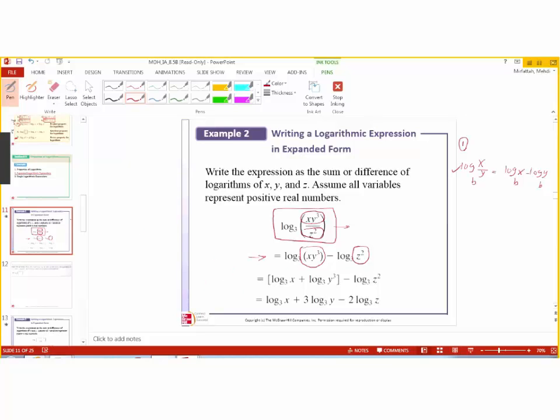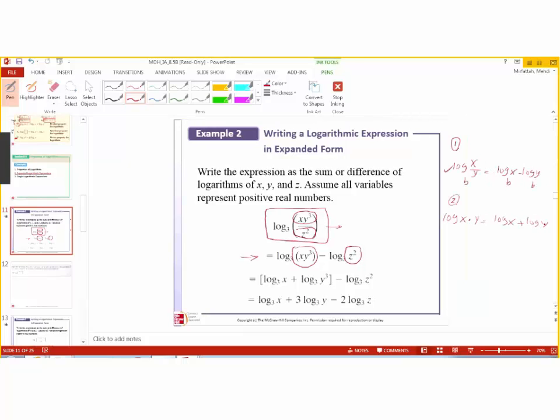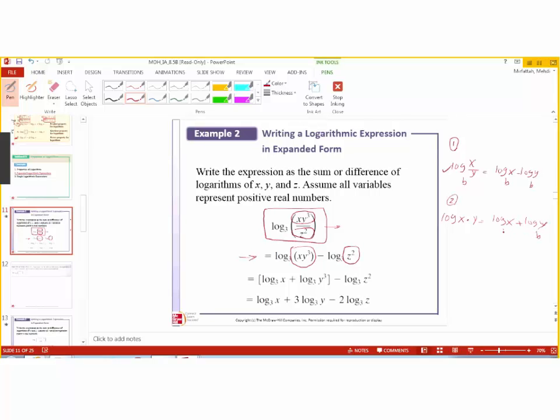The next one here looks like using the second property, where you add them. So in this case, for the second part, you use log of x times y, which is the same as log of x plus log of y, with the same base b again. You see how we have x times y cubed?